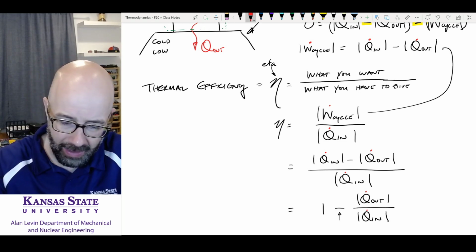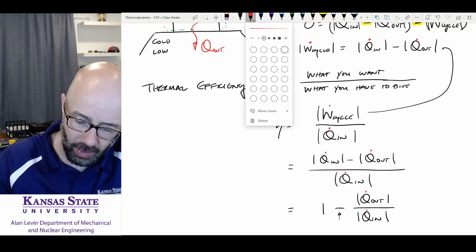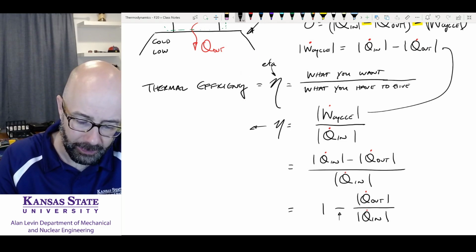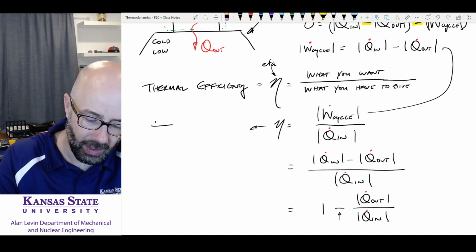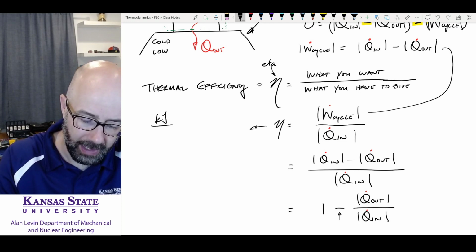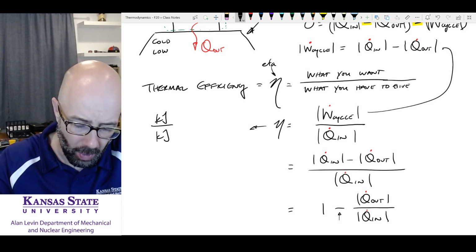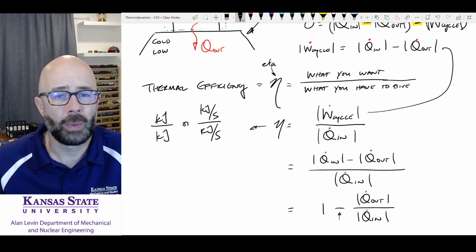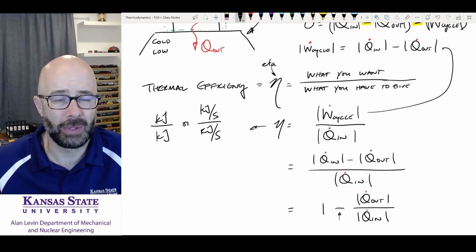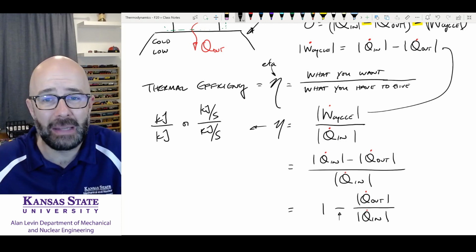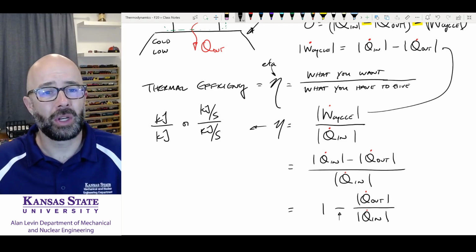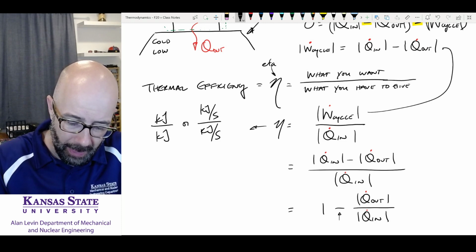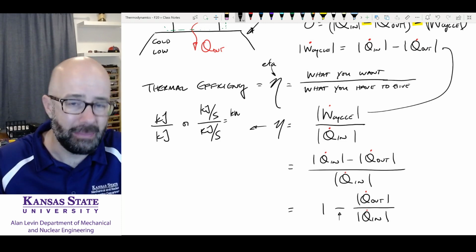Because a rate would be kilowatts over kilowatts, or in energy, kilojoules over kilojoules, which is unitless, or kilojoules per second over kilojoules per second, which is also unitless. The seconds are going to cancel out. If they're both on the same time scale, it doesn't really matter which way you're doing it.